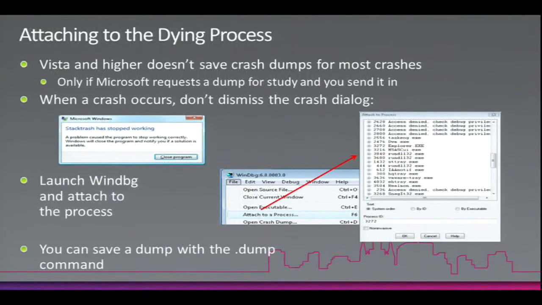Now, on Windows Vista and higher, some things changed. First of all, we got so tired of apologizing, we don't do it anymore on that dialog. We just tell you the obvious, like your program has stopped working, like you couldn't tell. And then what we do is save the crash. But where does the crash go? We don't actually save a crash.